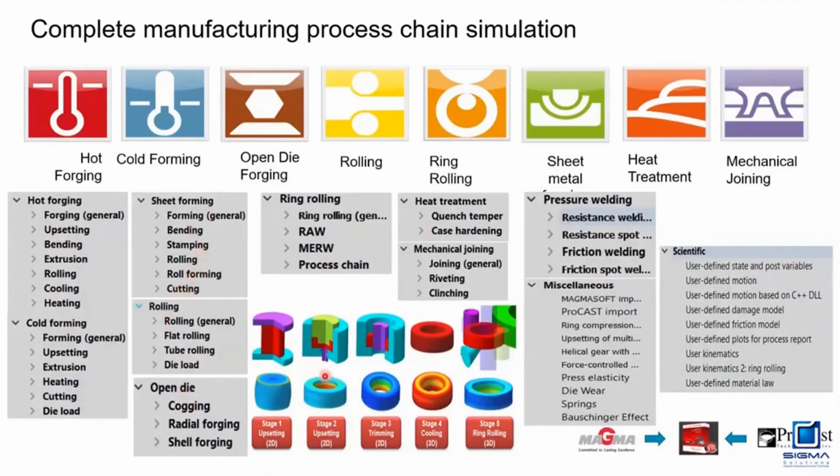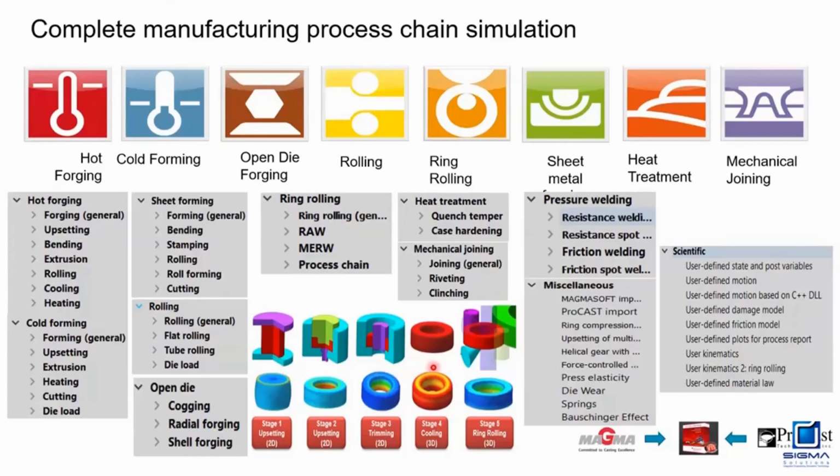At the same time, you can switch between 2D and 3D. For example, if you are doing an offsetting operation, you can do it in two-dimensional analysis so that you save a lot of simulation time. Then when it comes to ring rolling and other processes, you can switch to 3D.